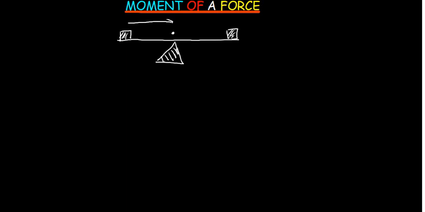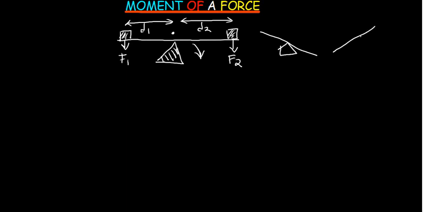Let's call this one distance 1, and this distance here distance 2. This is going to have a weight, and that weight is giving us a force 1. This one also of course is going to have a weight that is going to give us a force 2. So if this thing is not moving down in this direction, and it's not moving also like this.